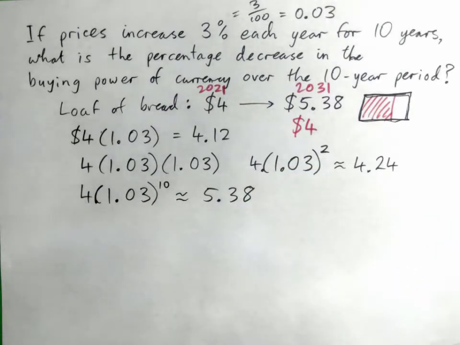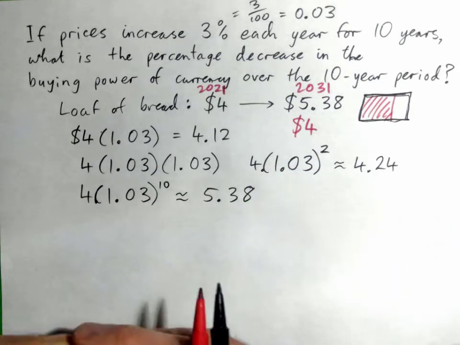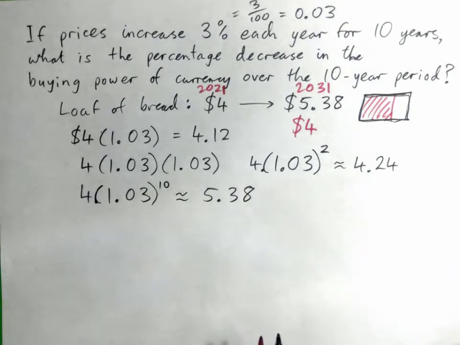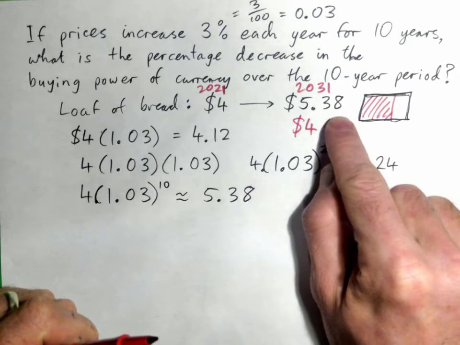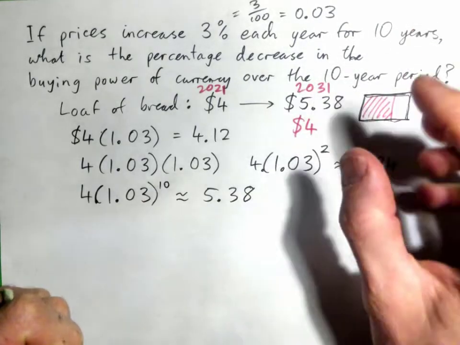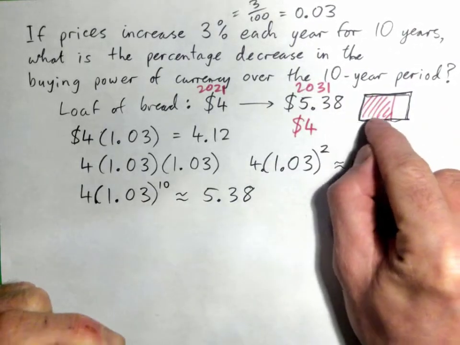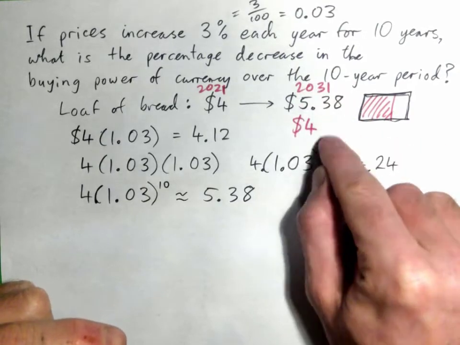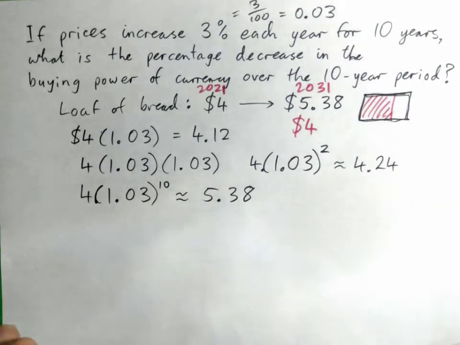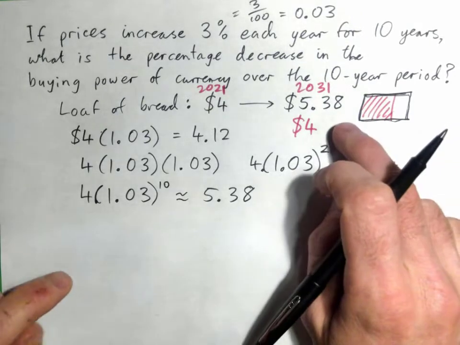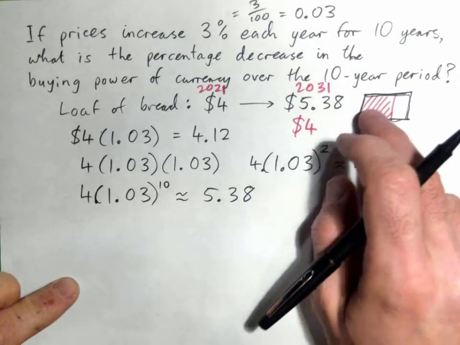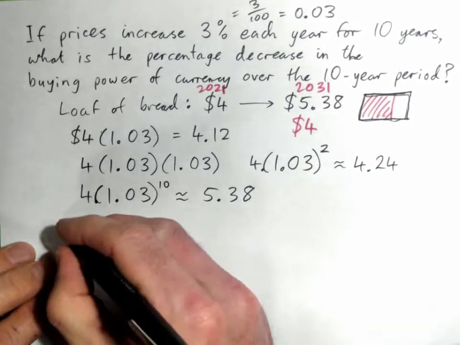And so now it'd be interesting to see, well, how much bread can we get for $4, right, in the year 2031? So can you figure that out? Like how much bread, like what percentage of bread are you going to be able to get in 2031? See, that might help, right? All right, so I hope you press pause and just try that. Just give it a go. What percentage of bread can you buy? I'll just write that down.